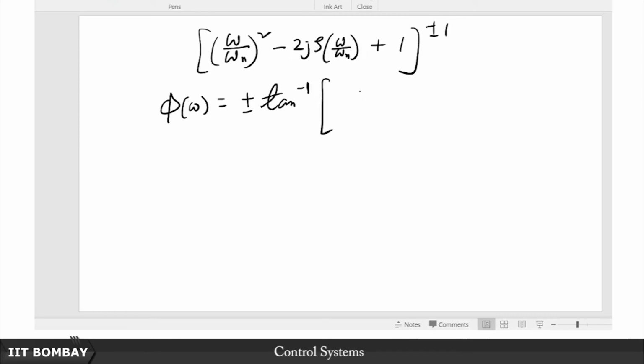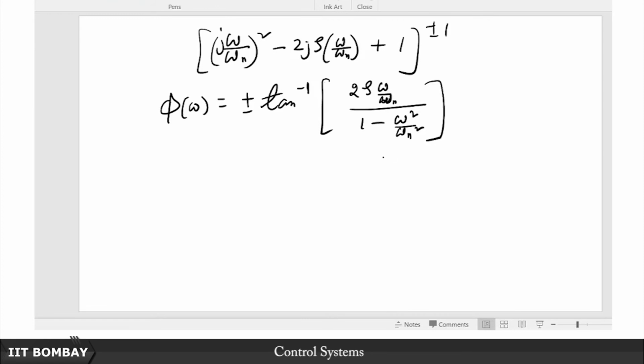So now what we have here is 2 zeta omega upon omega n, the imaginary part, divided by the real part. This is of course the j omega, lest I forget. So this is 1 minus omega squared upon omega n squared.